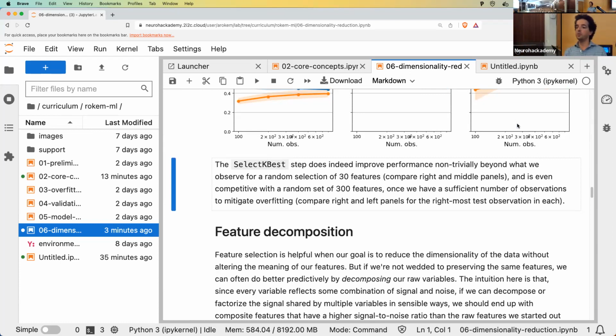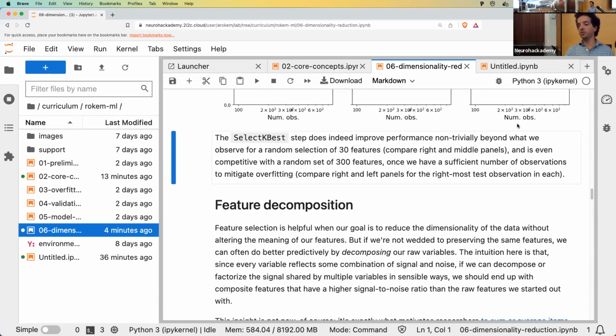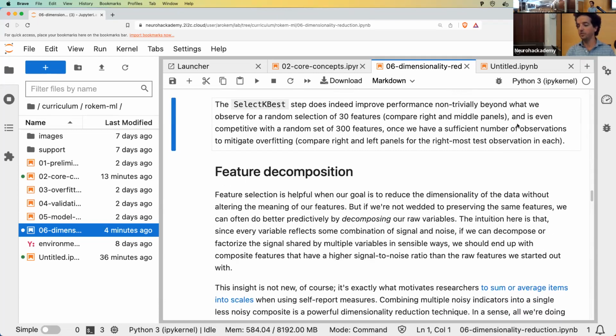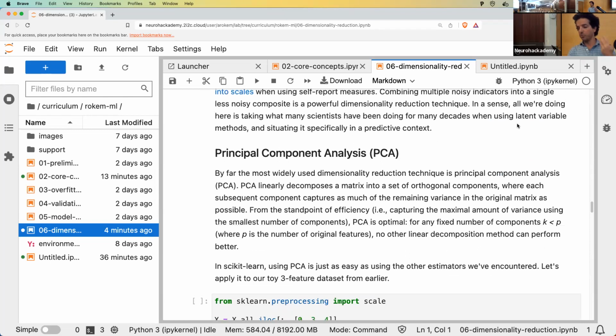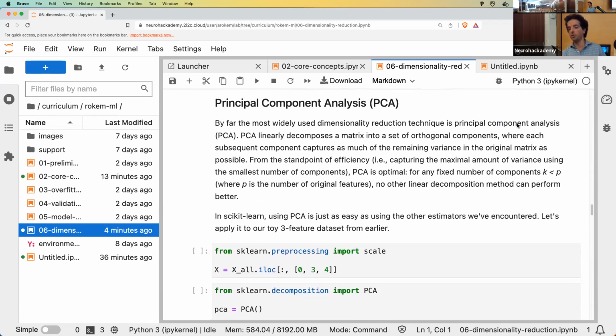And because they're correlated with the target, they're probably correlated with each other. But you can construct your decomposition such that they're, by construction, uncorrelated with each other. One way to do that is principal component analysis. That's actually what principal component analysis does.